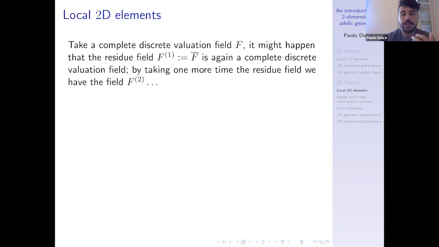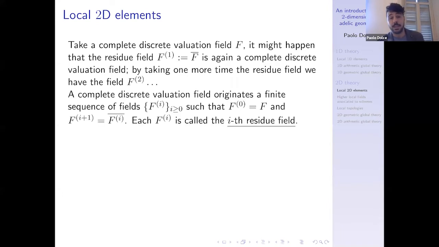And you repeat this process. When you take the residue field, it may happen that the residue is again a discrete valuation field. So at the end of the day, you get a finite sequence of complete discrete valuation fields, and you can put an index on the residue fields.